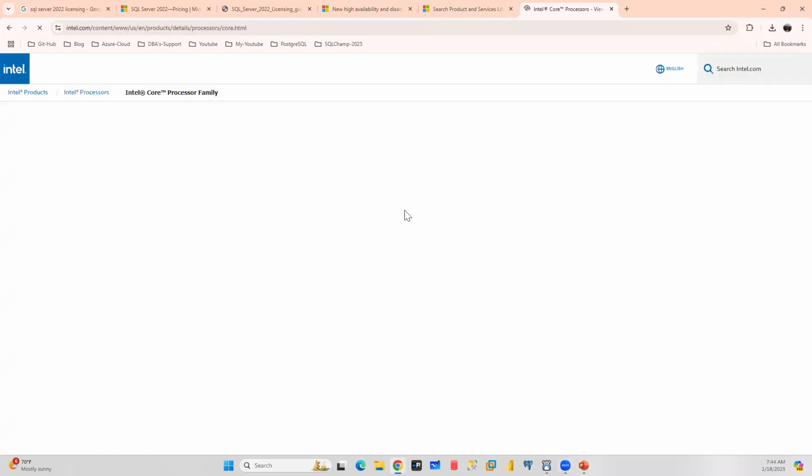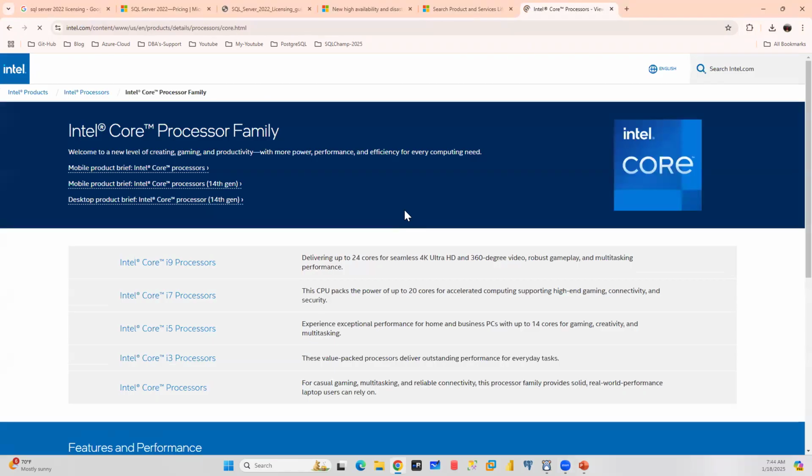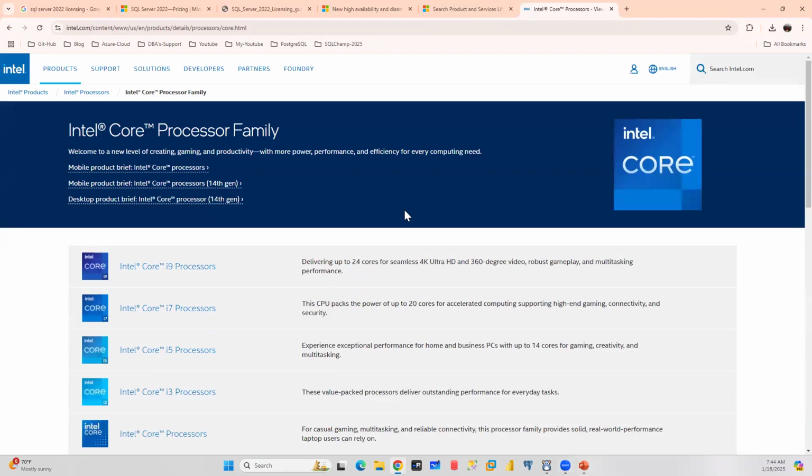If you go to Intel, one of the most powerful processors for laptops and desktops, and throughout the globe the most used processor is also the Intel Core processor. Or maybe you'll also find the AMD processor.